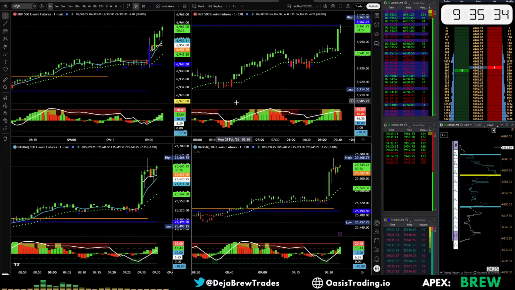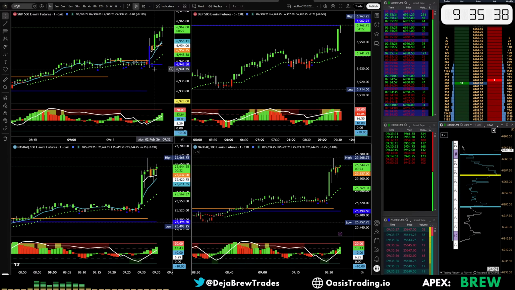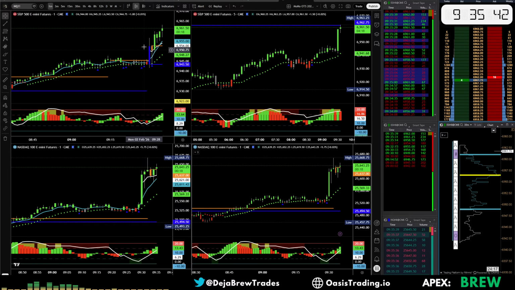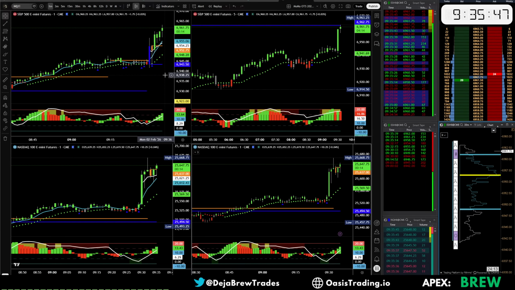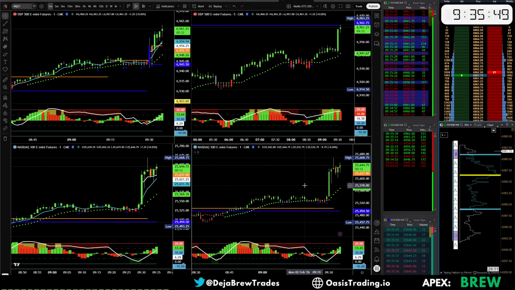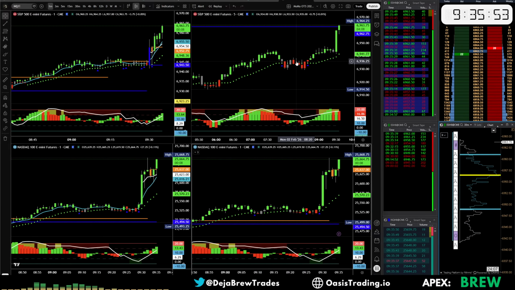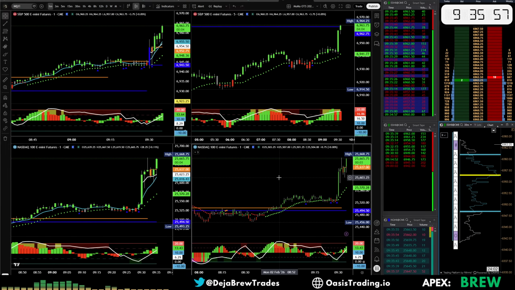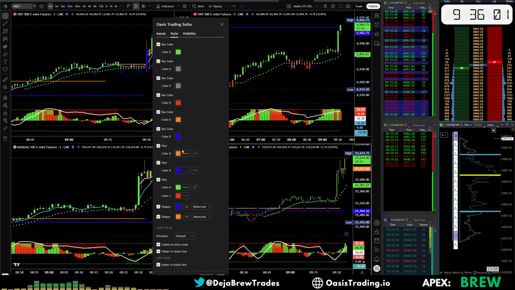The only exception to that is what we see right here on the 1 minute: during the open or the close, the volume influx is so high that it can make the blue and orange pivots come in on different impulses because the volume's just moving around so much. But other than that, just think of them as levels. If you get confused, you can basically just make them the same color. Just go into the settings and make them the same color.